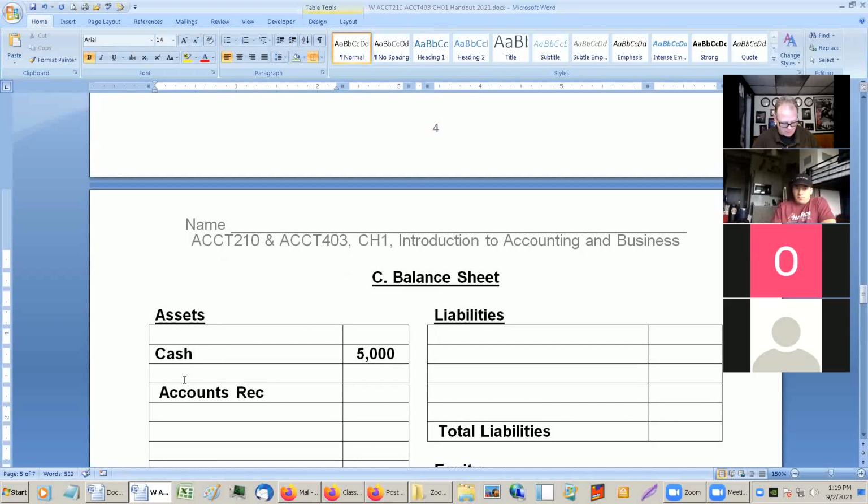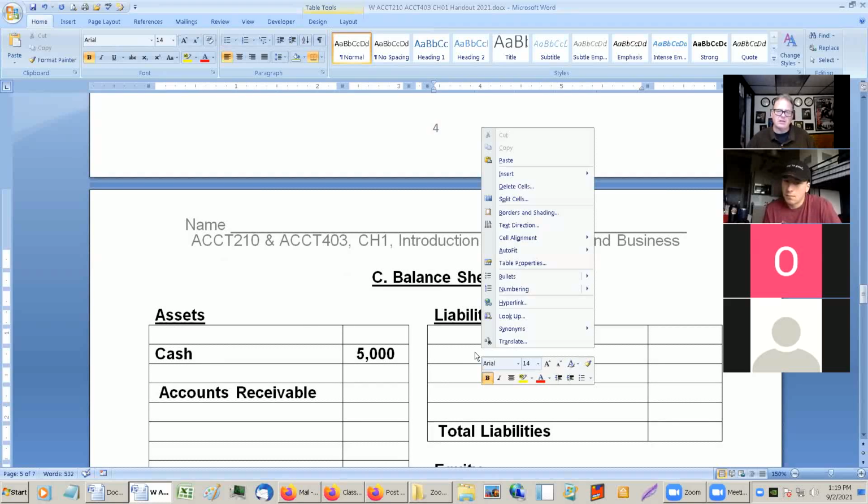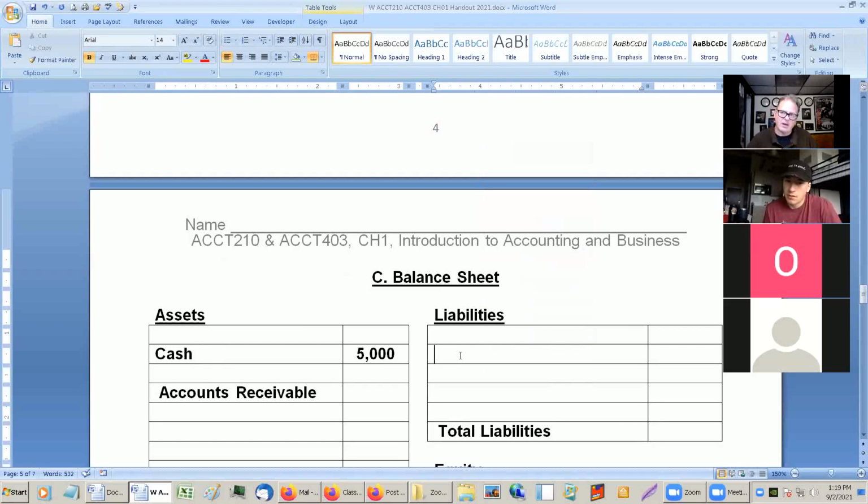Accounts payable is going to be the liability. It's a liability because we haven't paid it yet. We owe them money. They provided you with a good or service before you gave them the money.